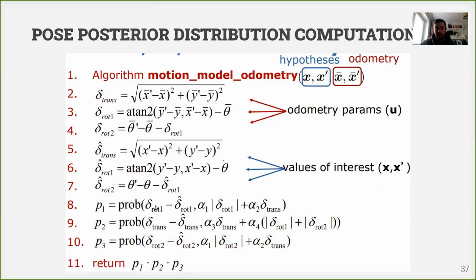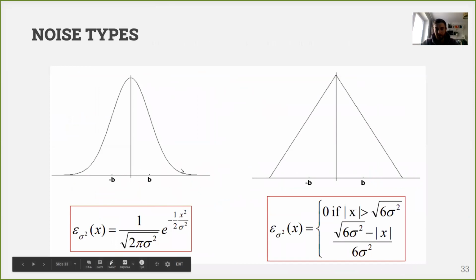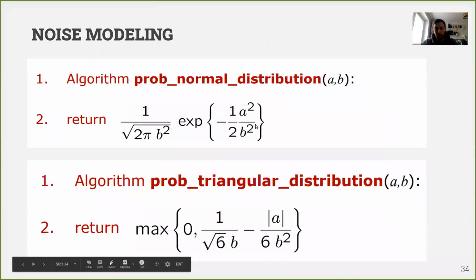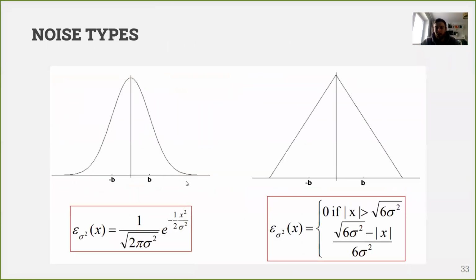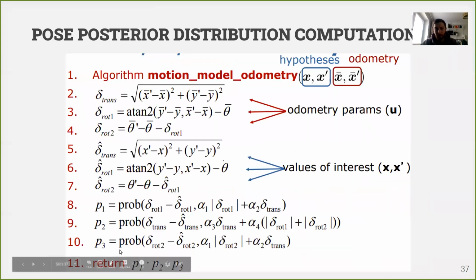If the difference between odometry and hypothesis is huge, then we will get somewhere here, for example, and our motion probability will answer that this is not quite probable, right? But if the difference is small, we will get somewhere here, and it will have a big probability. So basically, we are comparing estimated and predicted motions. If they're quite close, the probability will be huge. If they're quite different, the probability will be small.